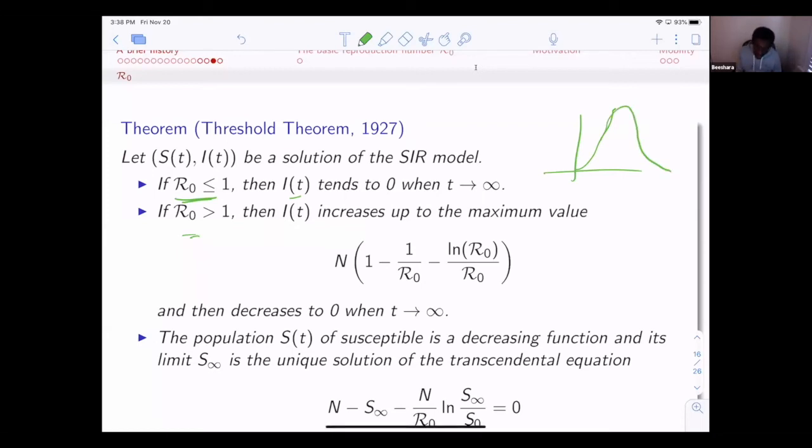So this is the maximum value that we have, Imax. That's the maximum. Okay. And then it decreases to 0.